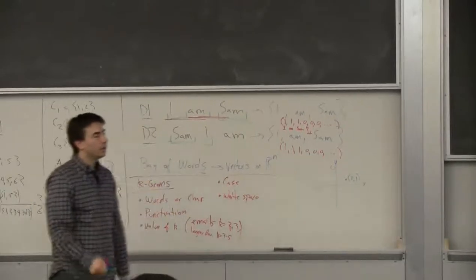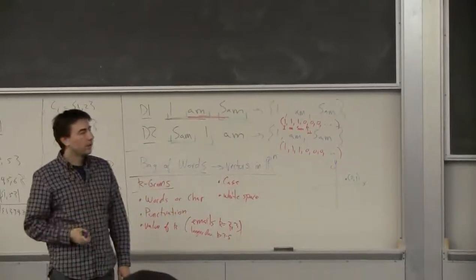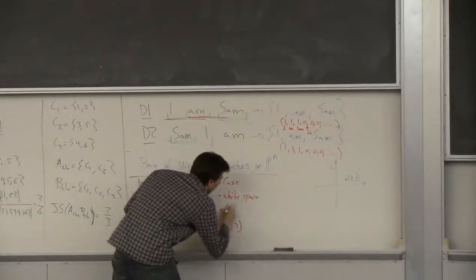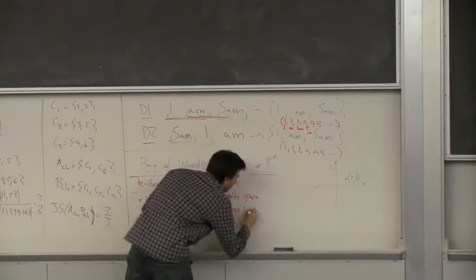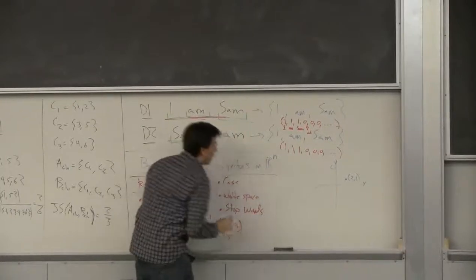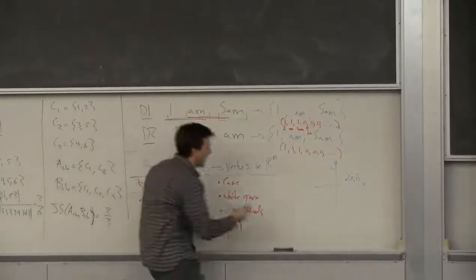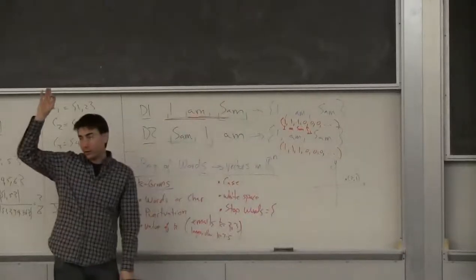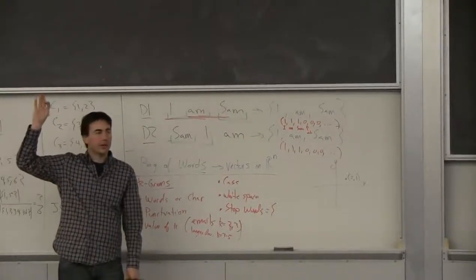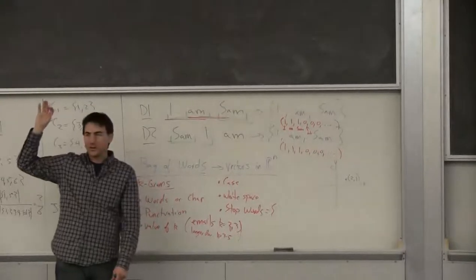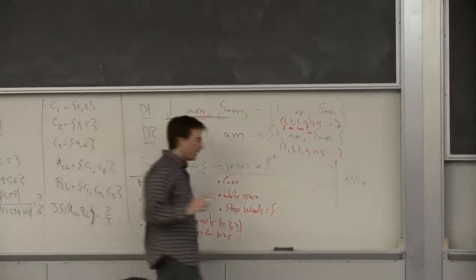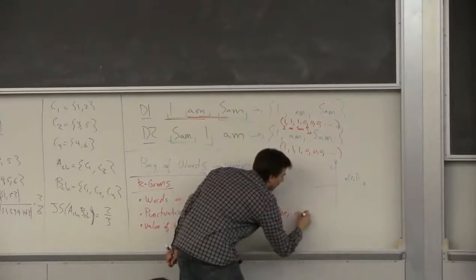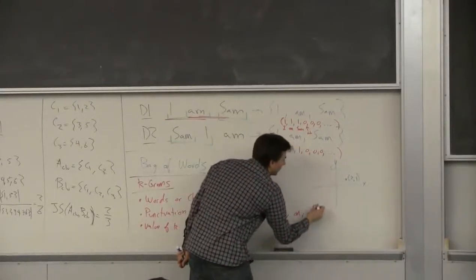You could also decide to get rid of stop words. So who's heard of stop words before? Have you taken natural language processing and stuff? Stop words are very common words like the, on, at.